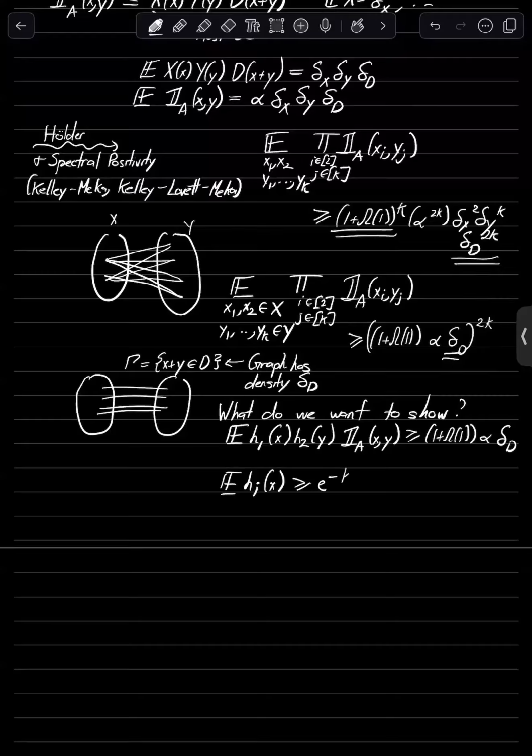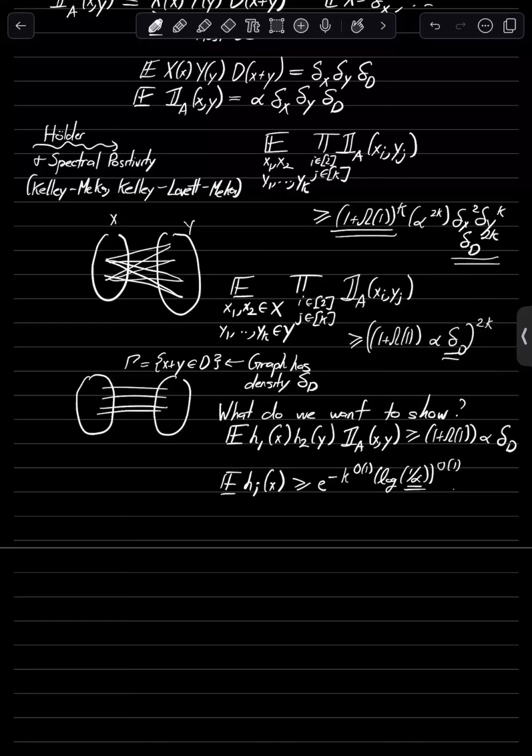They're e to the minus k to the O(1). So I lose something in the exponential on the size of the graph times log 1 over alpha to the O(1). Okay. So here's the key point about this entire statement. The key point here is this is log 1 over alpha and not log 1 over alpha delta D.